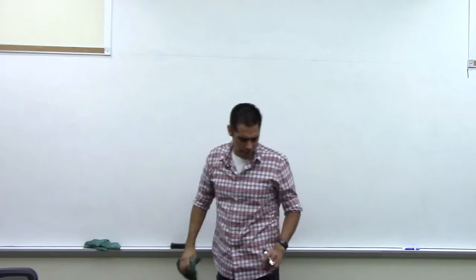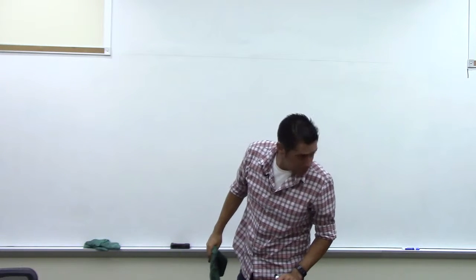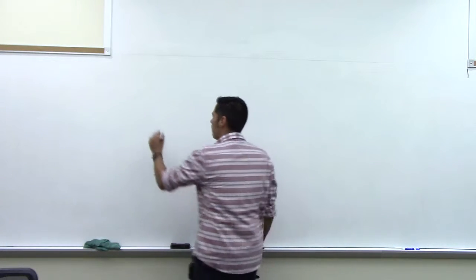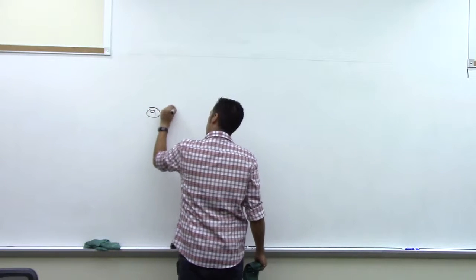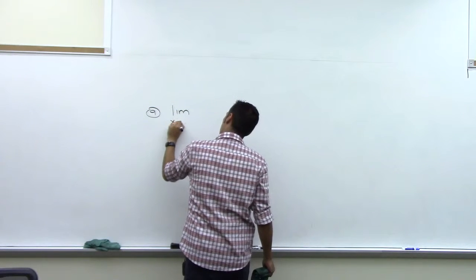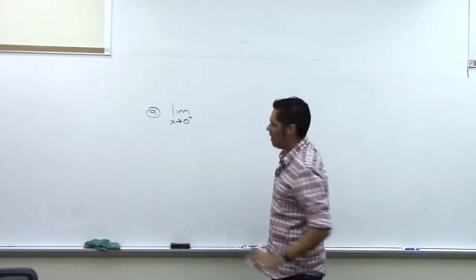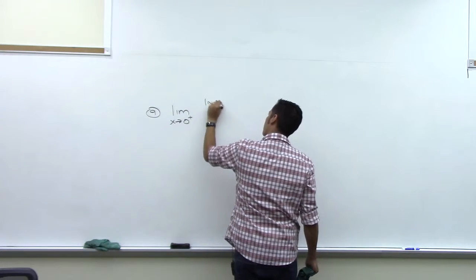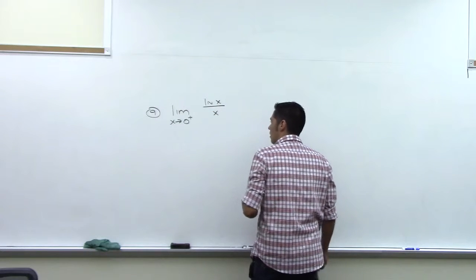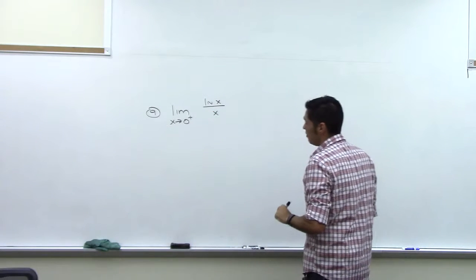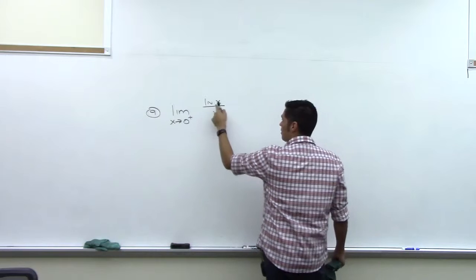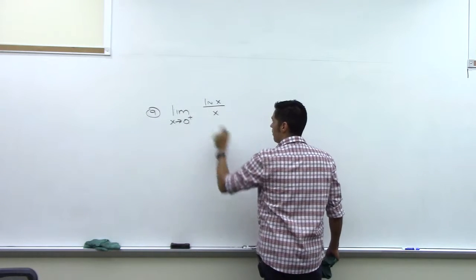All right, number 9. Limit as x approaches 0 from the right of natural log x over x. All right. So let's see what happens here. What happens to the natural log function as we approach 0 from the right?